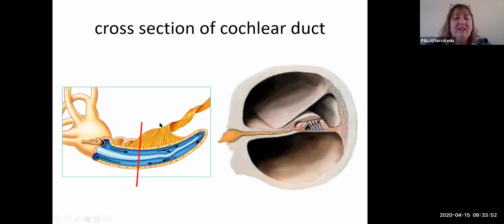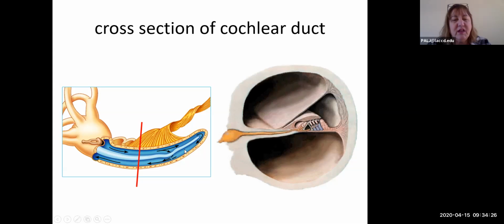So if we were to take a cross section going through the unrolled cochlea, it would look like the picture on the right, where this upper area containing the blue fluid is this upper chamber, and this lower chamber containing the blue fluid is this lower chamber. And if you look at the unroll, you can see that the fluid between the two is contiguous. So all of that's going to be perilymph.